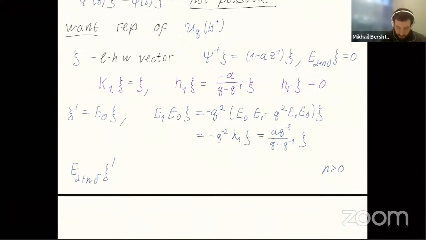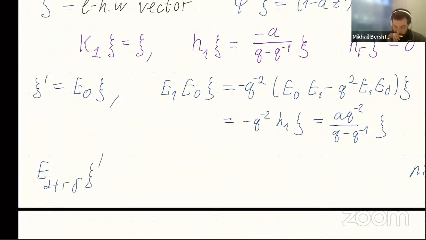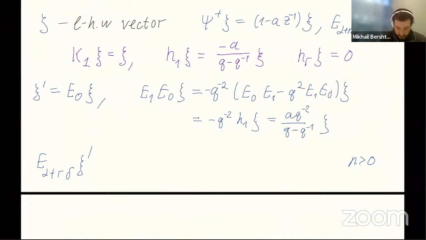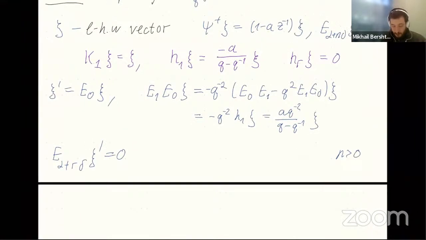Maybe to be consistent, I should write R here. Therefore, this is 0. So, okay, this is 0.